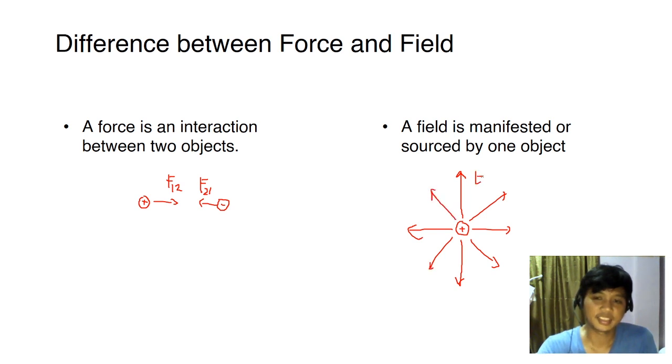You need one charged object for a field. You need two charged objects for a force. Now this is a negative charge, and we know that for negative charges, the electric field is pointing radially inward. It's really hard to draw.